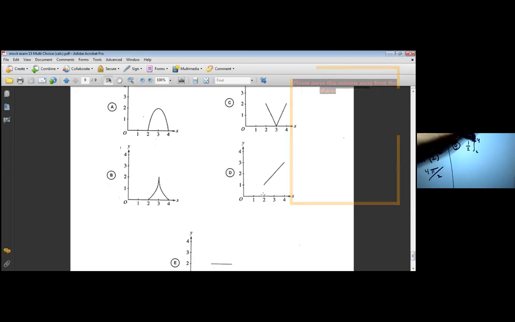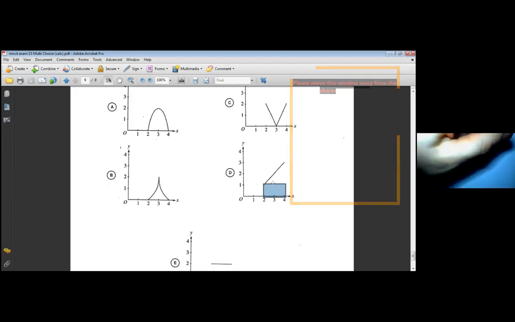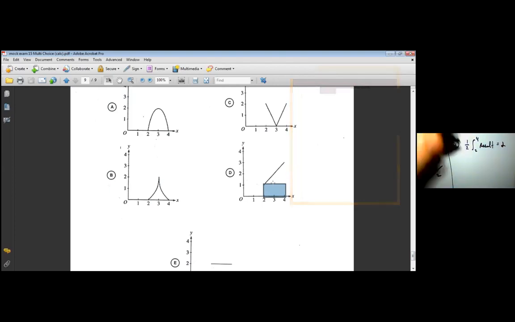If you find these areas, we should be able to match them up. For D, that's 2 by 1 is 2, and this triangle is also 2. So that would be an area of 4, and 1/2 of 4 would be 2. So I think we can rule out D.